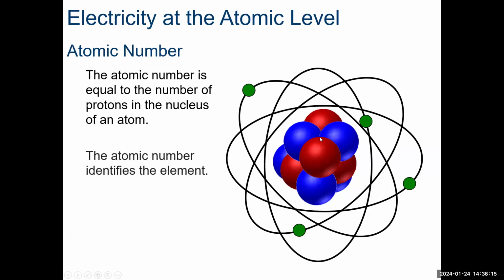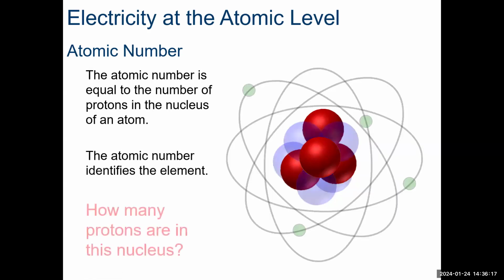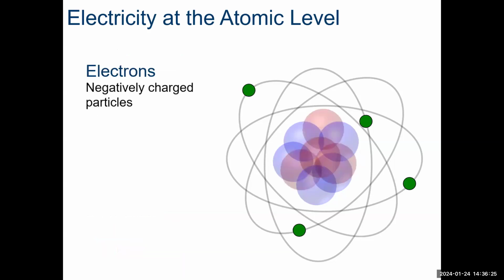The atomic number identifies the element. So there are the protons in this one. Remember, protons do have a charge. There are 4 of them, right? All right. The electrons are circulating around the outside. They're negatively charged particles.